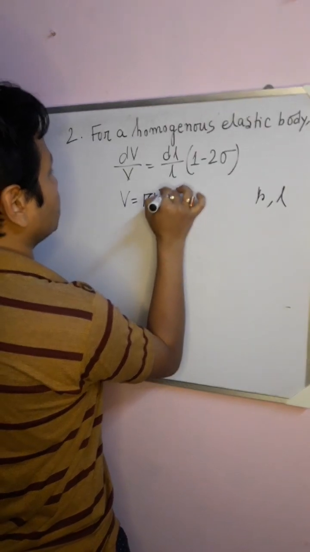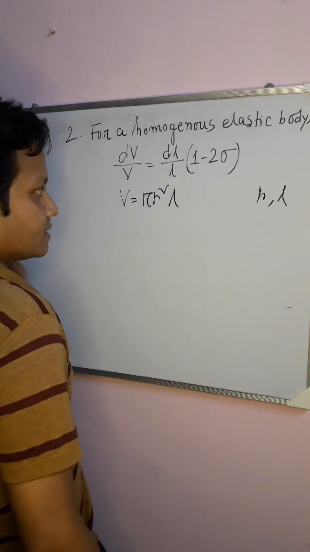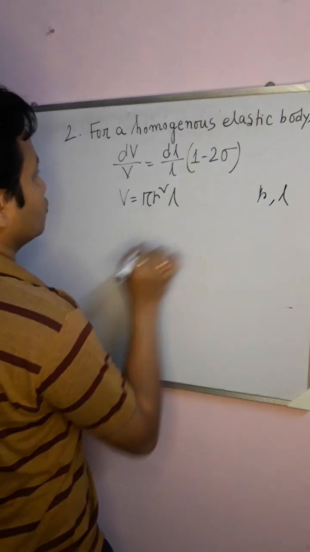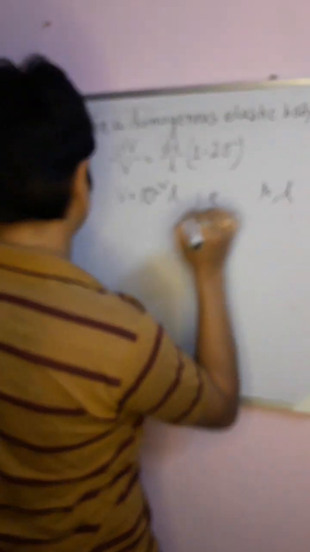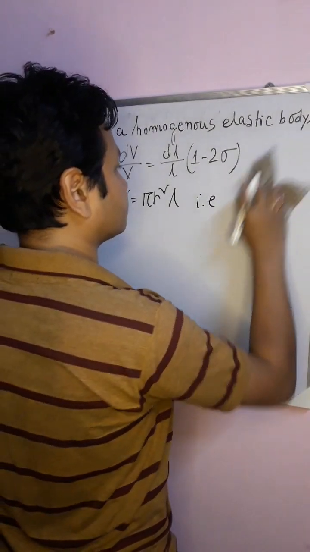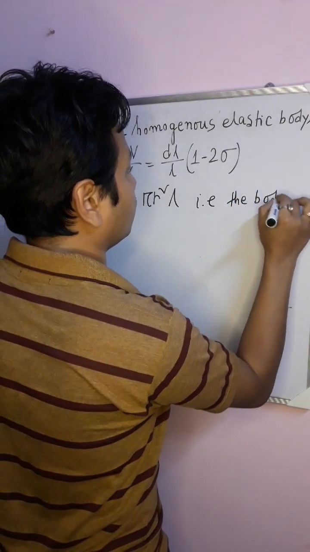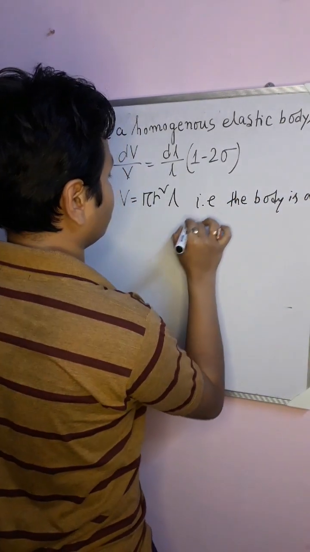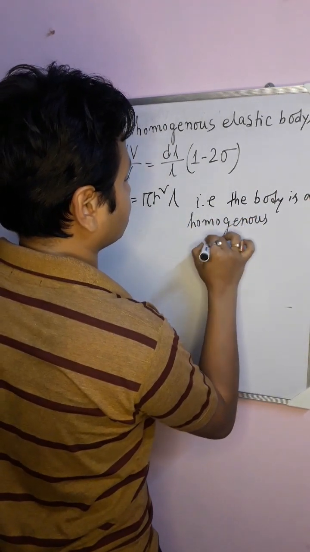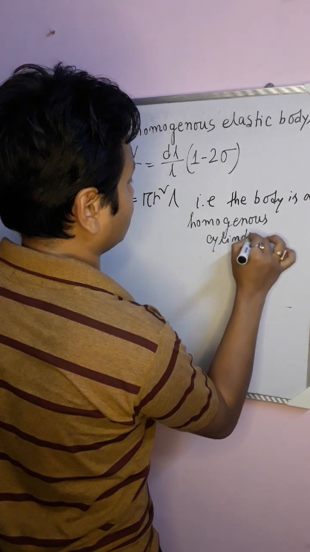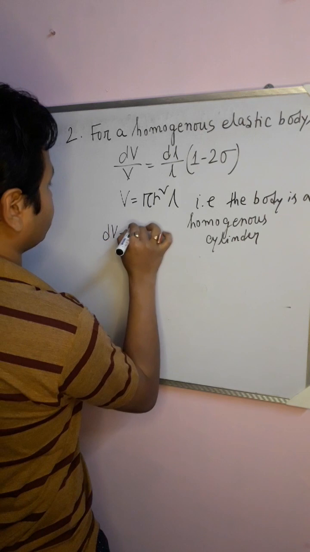So we assume the body as a homogeneous cylinder, whose volume is V equals pi r square L. R is the radius of the cylinder and L is the length of the cylinder. If we differentiate this, what do we get?